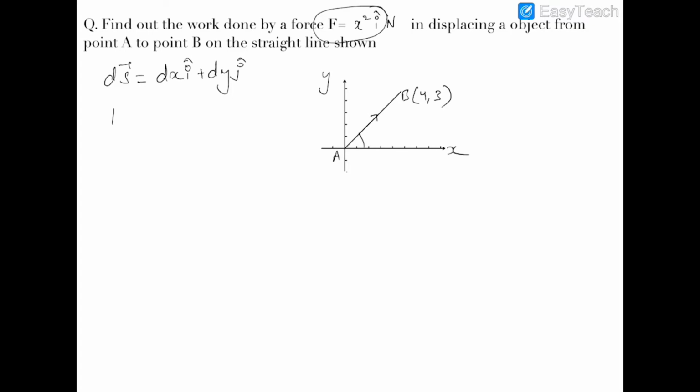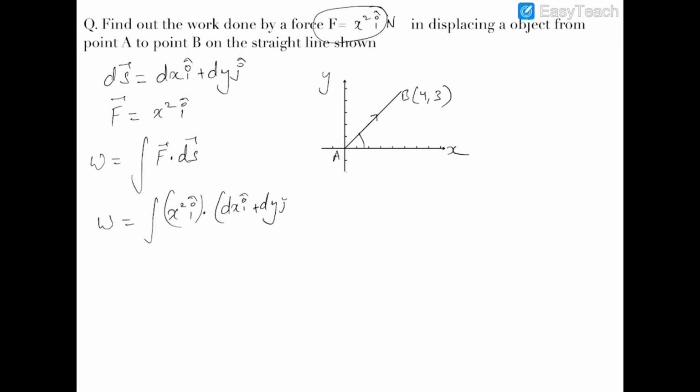So the element which you have to assume should be two-dimensional in the same plane. So the force will be equal to x square i cap, and hence the work done will be integration of F dot ds. Now substituting these values here, it would be x square i cap dot dx i cap plus dy j cap. So work done will be equal to integration of x square dx.